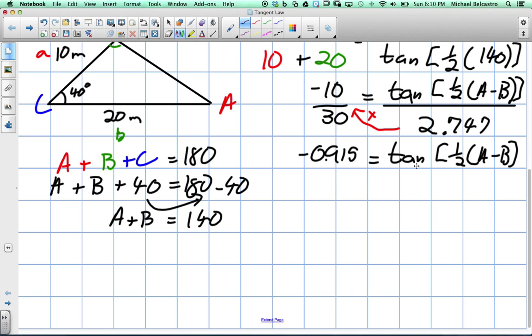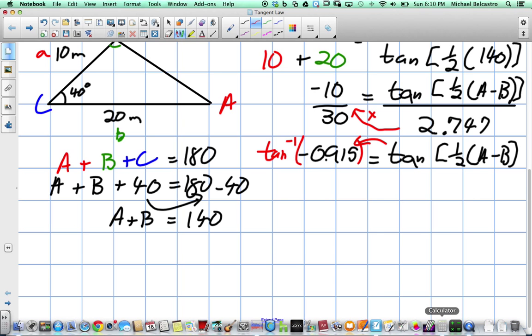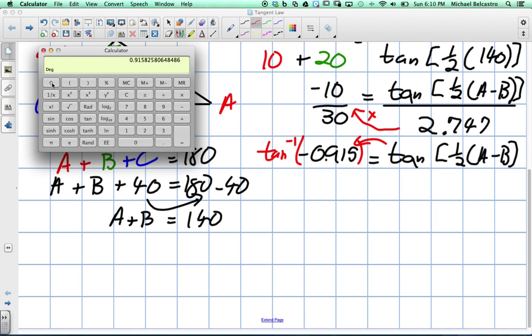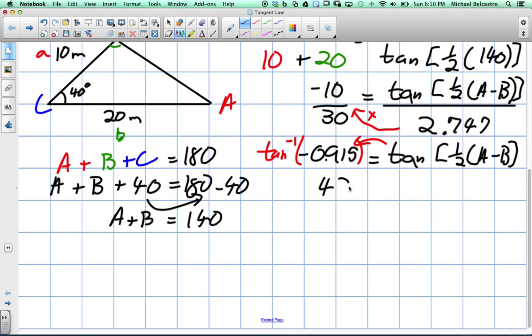Okay, to bring tan to the other side, we use its inverse. So we do inverse tan of this value here. Luckily it's already in our calculator, so we'll jump through again: second function, or shift, tan inverse of that is 42.48. So we have 42.48 is equal to 1/2 times A minus B. When you bring 1/2 to the other side of the equation, it's the same idea as multiplying by 2.